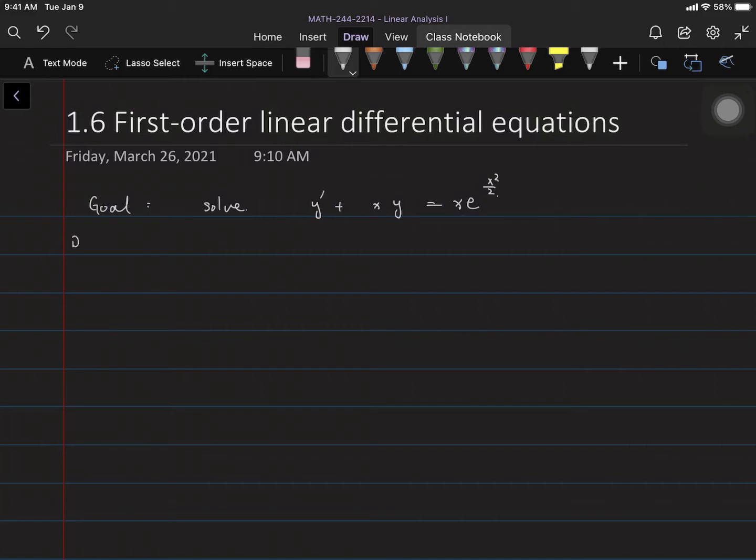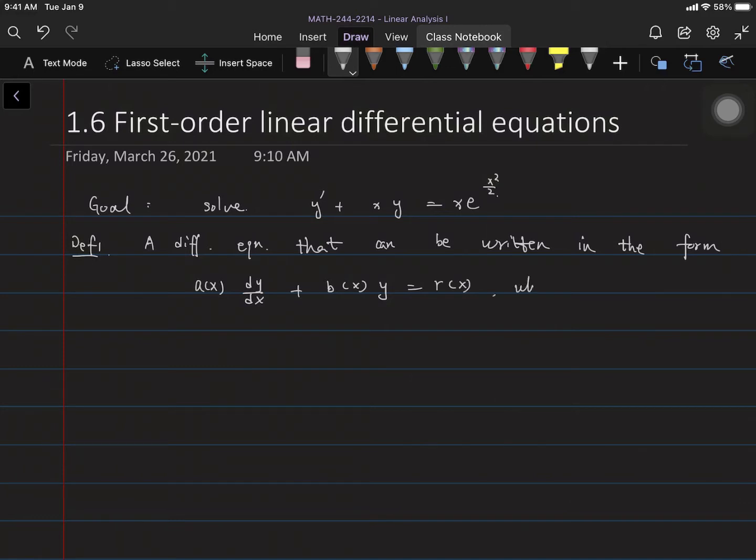Firstly, let's take a look at definition 1. A differential equation that can be written in this form is called a first order linear differential equation. And this form is this one, okay? a(x) dy over dx plus b(x) y equals r(x).